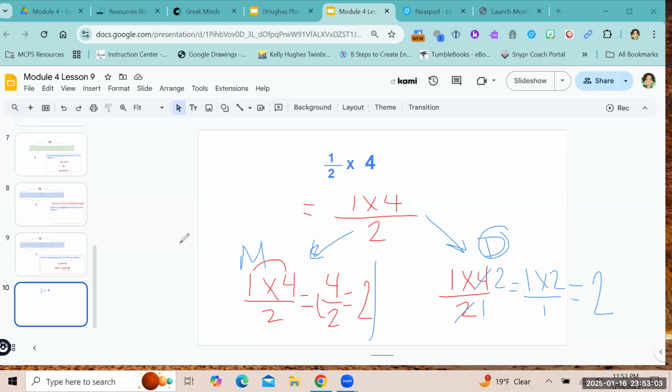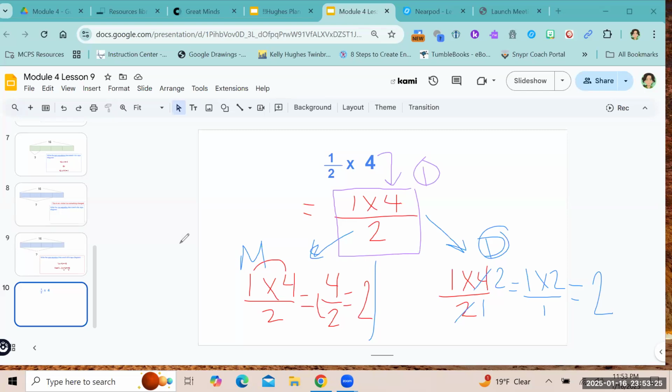Okay, so what are you going to do next? You are going to do the next problem, and you're going to do a couple things. The first thing you're going to do is rewrite the problem so that everything that needs to be in the numerator is in the numerator. Let me say that again.